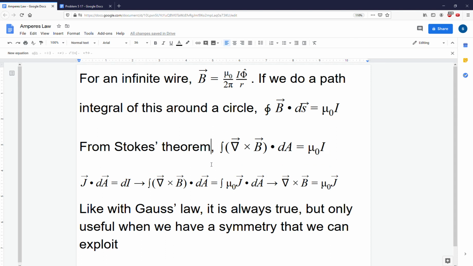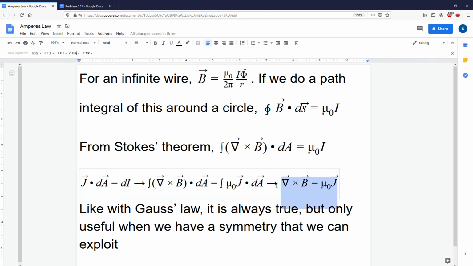Furthermore, we're saying that their integrals are equal for any path we choose, or for any area we choose, because this held true regardless of path. What that means is that we can say that this vector is therefore equal to this vector, or the curl of B is equal to mu sub naught times the area current density. This is known as Ampere's Law.